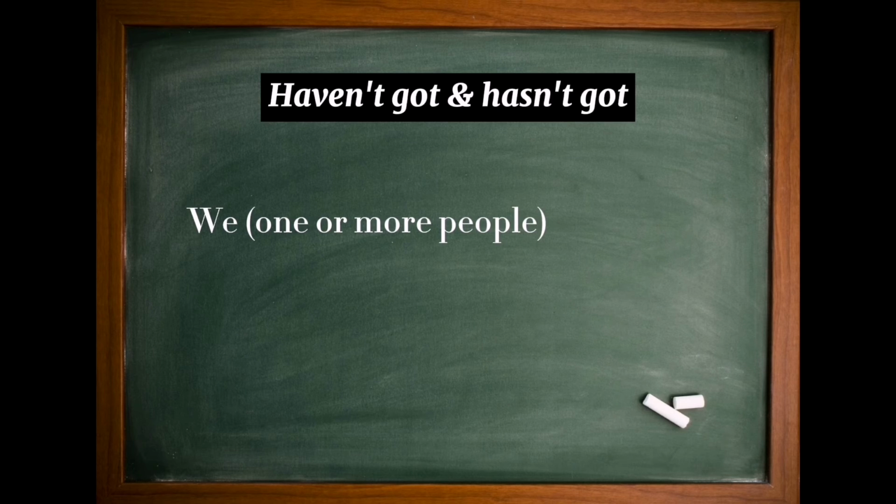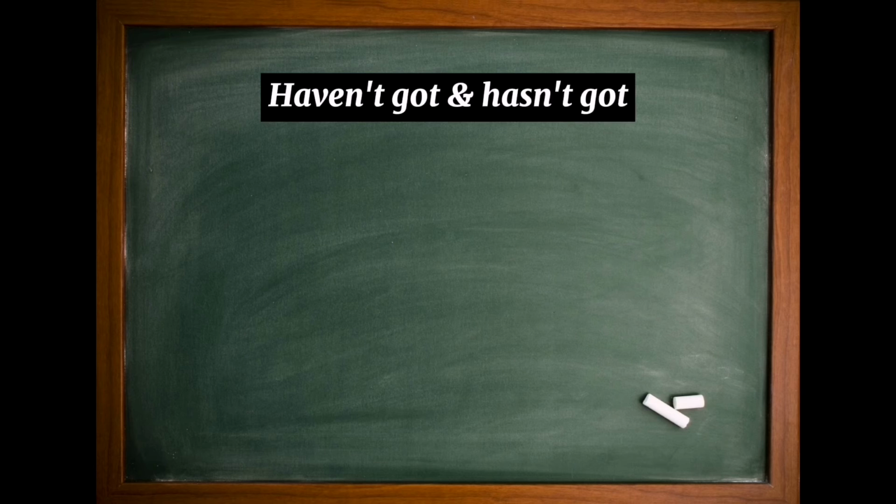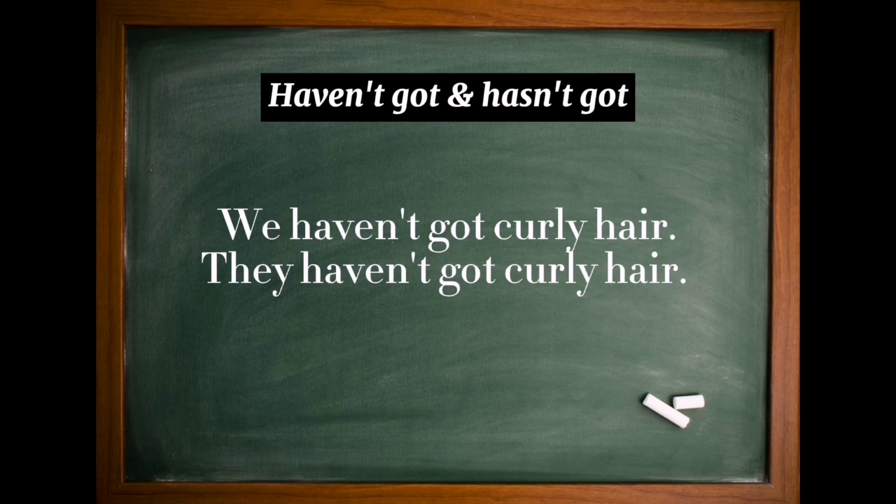Second, we have they. They refers to two or more people. For plural subjects, we and they, we use haven't got. So now, let's see the examples for we and they. We haven't got curly hair. They haven't got curly hair.